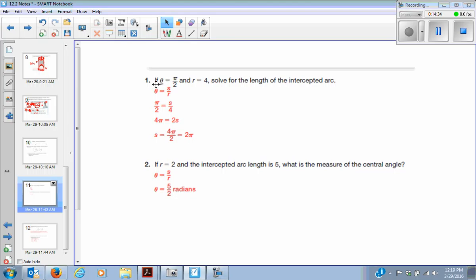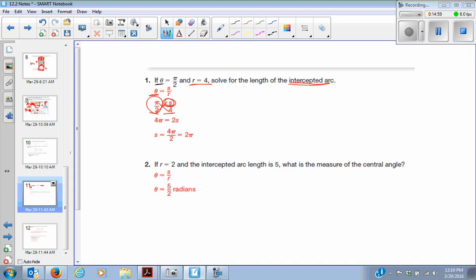Okay, so to do this, we know that theta is going to equal pi over 2. So we know that the length of the intercepted arc is represented by s over r. Well, we know that r is 4 in this, so we plug in 4. So that leaves us with the length of the intercepted arc as the only variable.